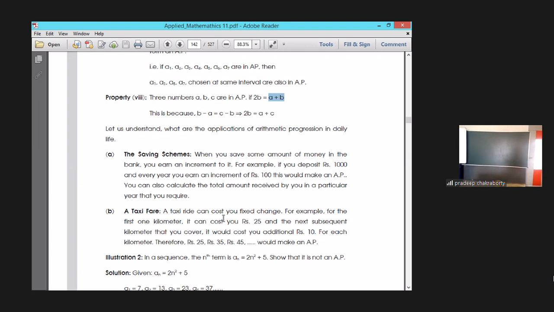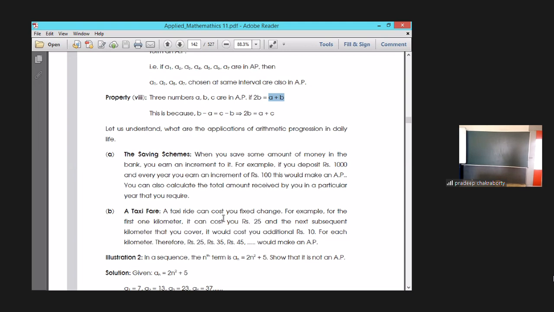Therefore ₹25, 35, 45 would make an AP, because for the first kilometer it is a fixed 25, and thereafter every kilometer you have to pay 10 rupees more. So if you are traveling 20 kilometers, 20 into 10 is 200, 200 plus 25, so you have to pay 225 rupees. This is an example of AP.